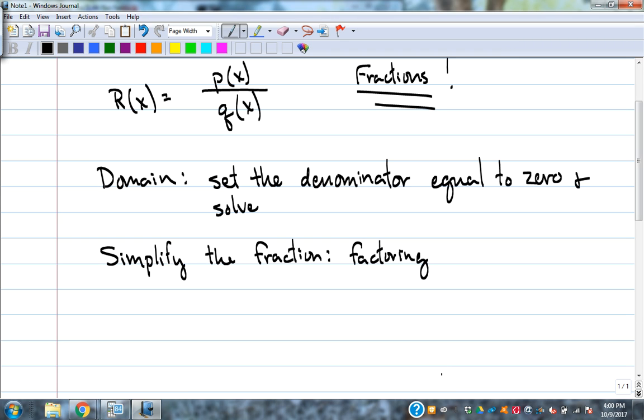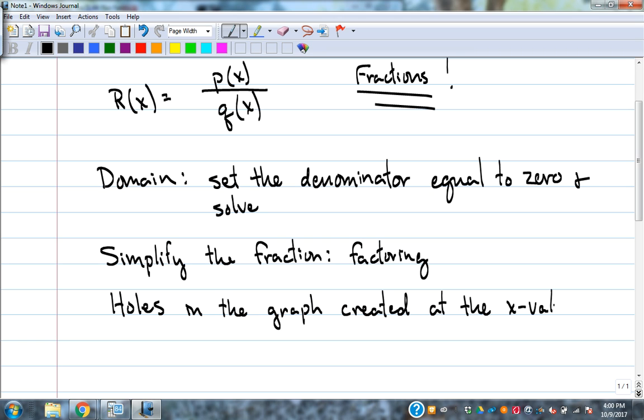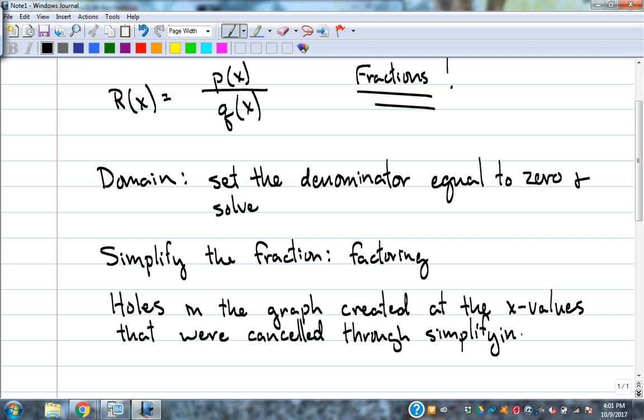If something does cancel out, what that creates are holes in the graph. It's created at the x values that were canceled through simplifying. That won't happen every time. In fact, it's a rarity that it even does happen, but you do have to look for those things.